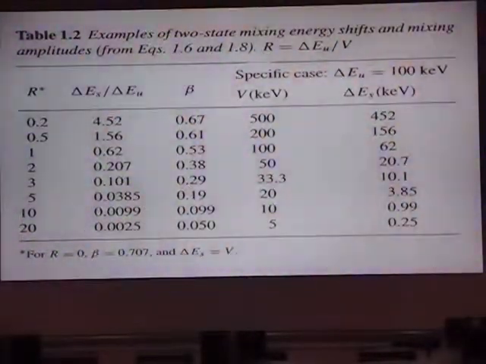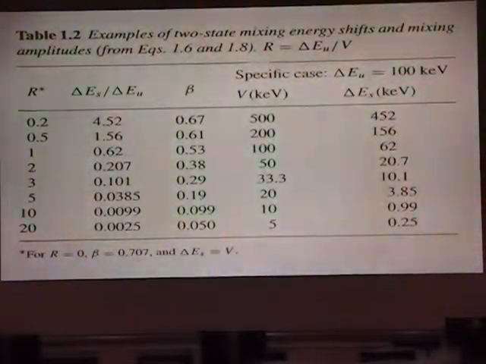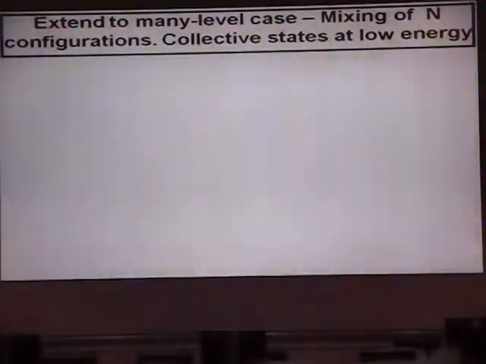Okay, and the shift is 1/4 of a keV. On the other hand, if I have R of 0.2, then the shift is actually almost 5 times the spacing. The wave functions are almost completely mixed, and the shift is, in fact, in this case, like 452 keV. Okay? And you can make a nice plot of these results and see how the effects go.